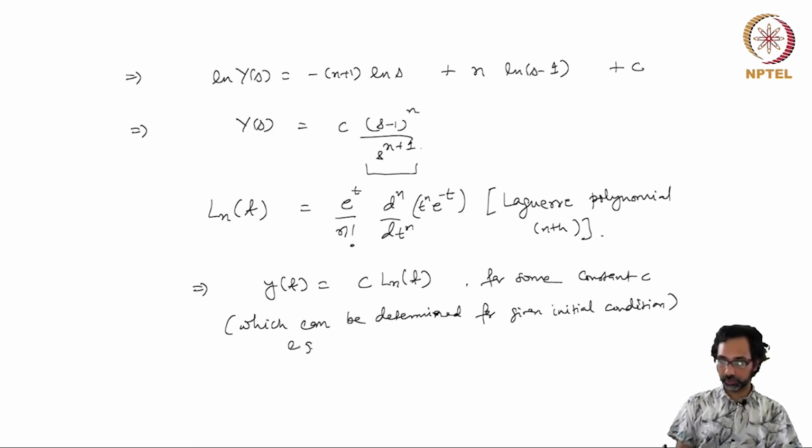So for example, if we put y(0) equal to 1, then c is equal to 1, because the Laguerre polynomial at 0 is also 1.